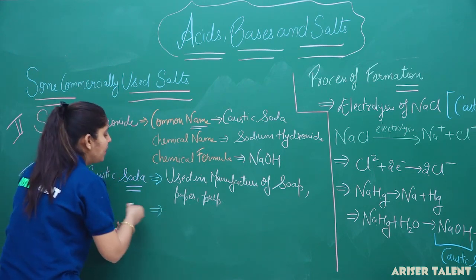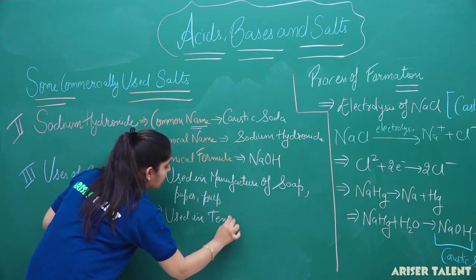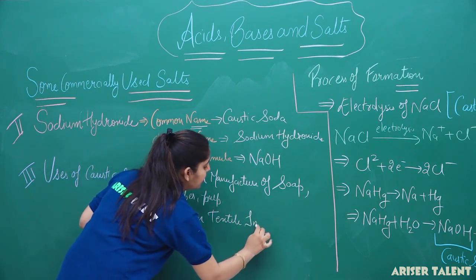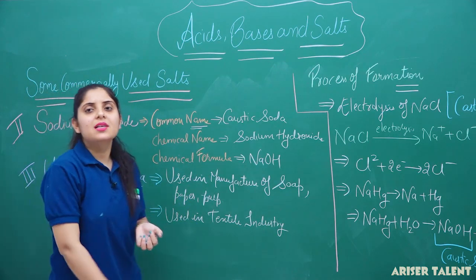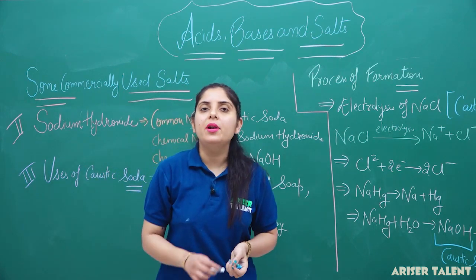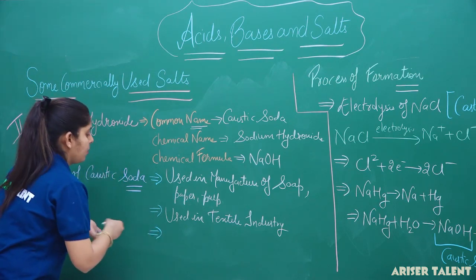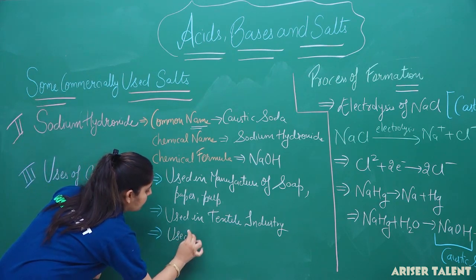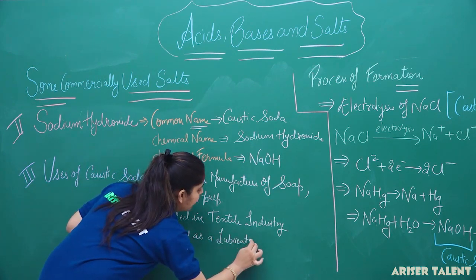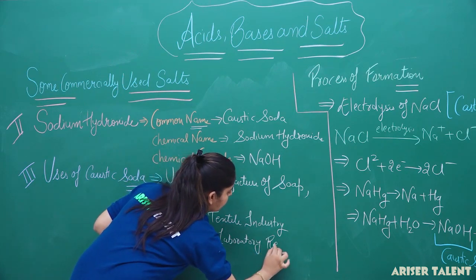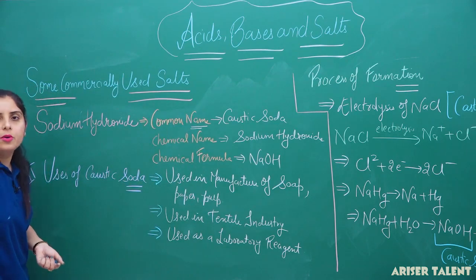So, its second use will be in the textile industry. In the chemical lab, caustic soda is basically used as a laboratory reagent. So, its third application will be use as a laboratory reagent.